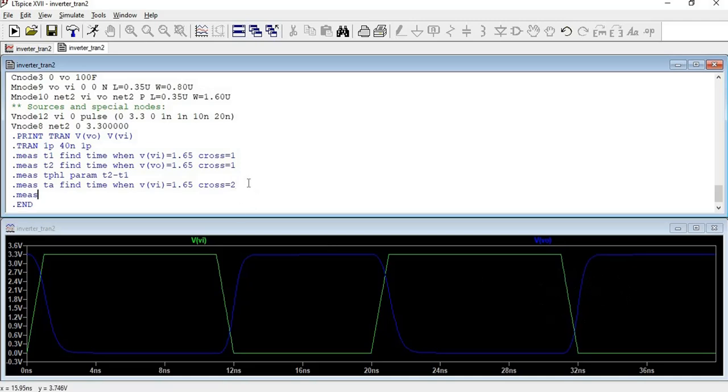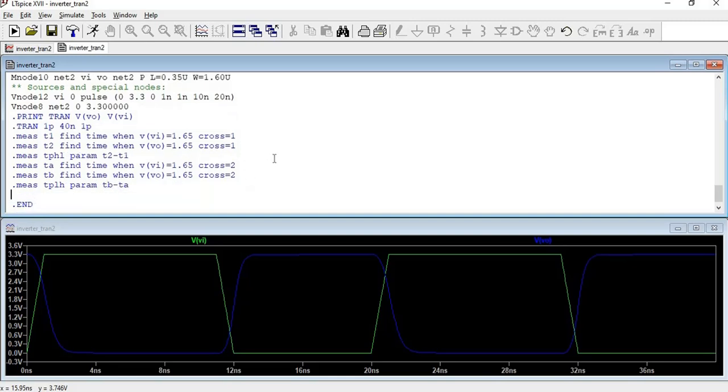Then .measure TB, find time when V out is equal to 1.65 cross is equal to 2. You can then use .measure TPLH as TB minus TA.